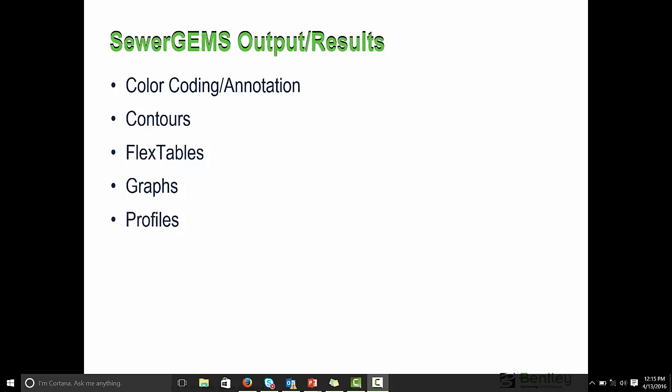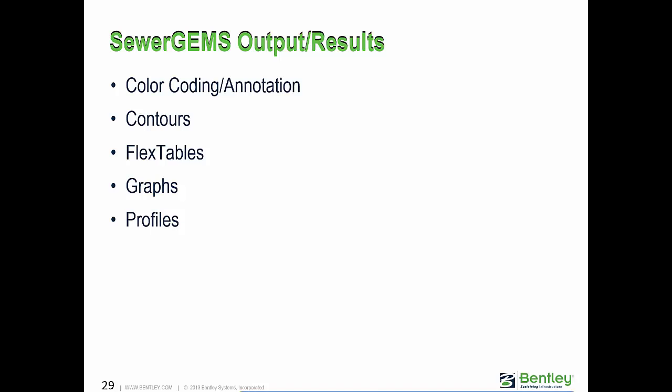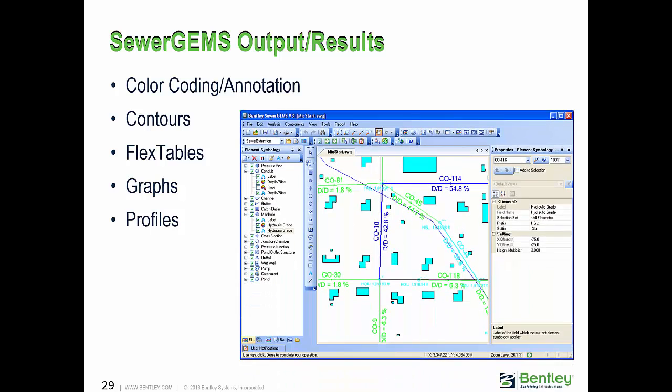And you can see the results and output of SewerGEMS after computing the network. You can color code the network like this, or annotate the network for various properties like the d by d ratio, the label of the conduit, the size of the conduit, the length of the conduit, and the manholes for the HGL or the invert level or the ground level, and so on and so forth.